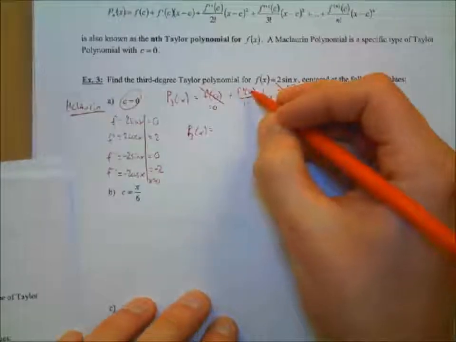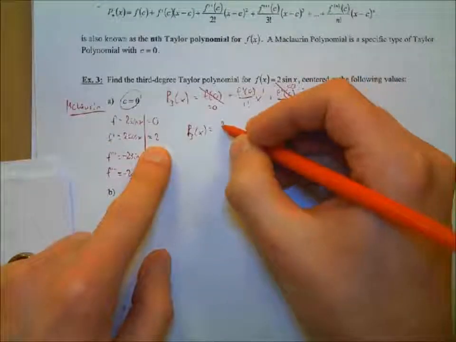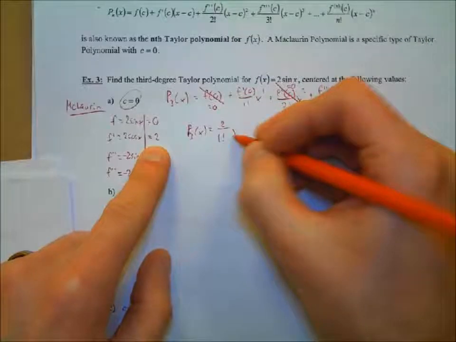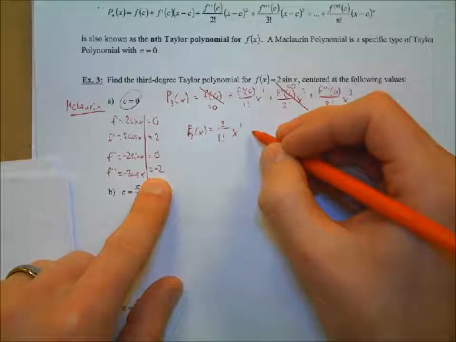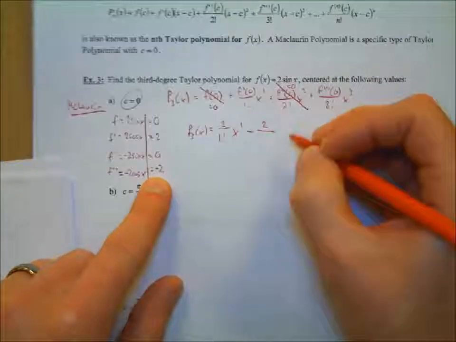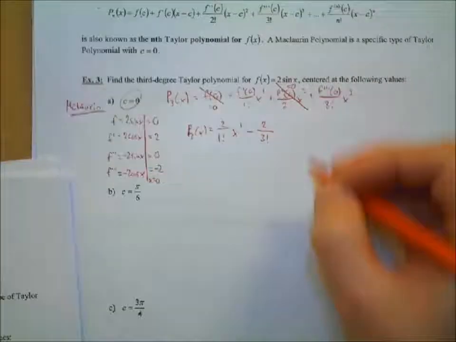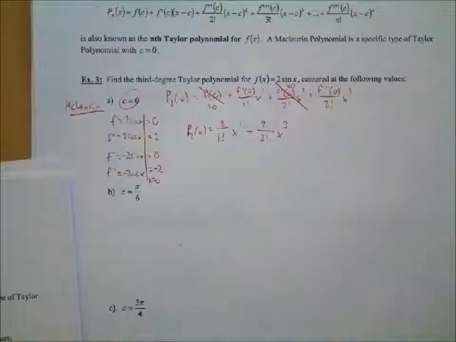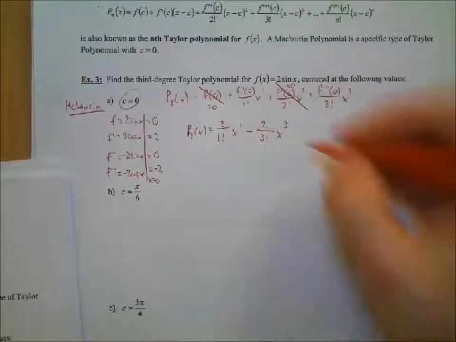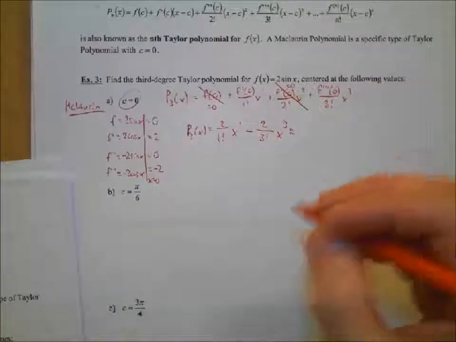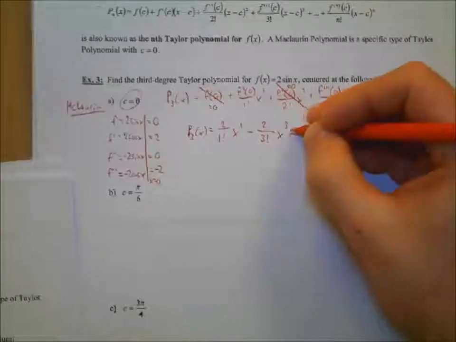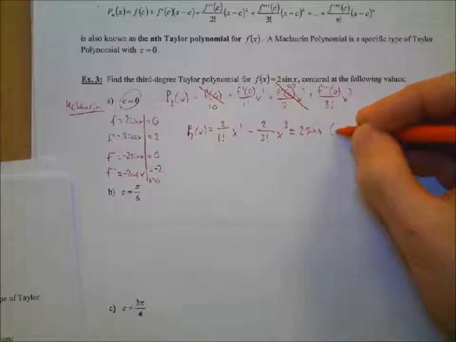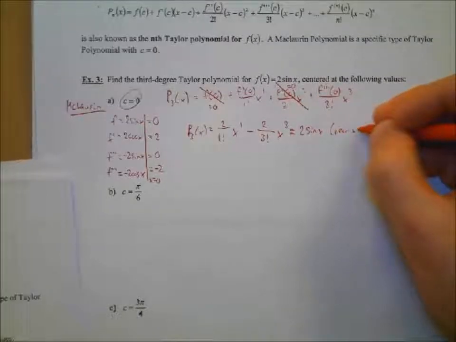F prime of 0 is 2, so you can leave it as just 2 over 1 factorial, x to the 1. And then f prime prime prime of 0, we said, was negative 2, so it'll be minus 2 over 3 factorial, and you don't need to simplify, x to the 3rd. Okay? And this polynomial is an approximation of that 2 sine of x near x equals 0.